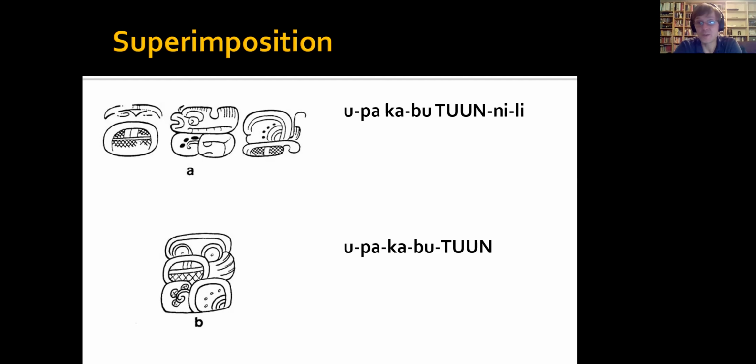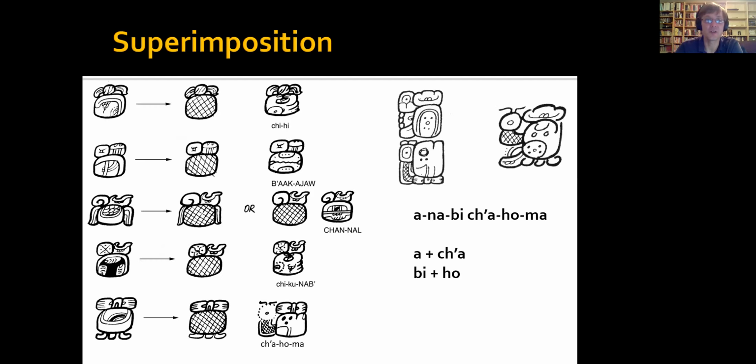So an example that you see, upakaptunil is spelled as upakabutun with underspelled suffix, and then also you kind of see that pa is covering part of ka, and bu is covering part of tun. So those are more complex superimpositions. And these are just some common examples, right?